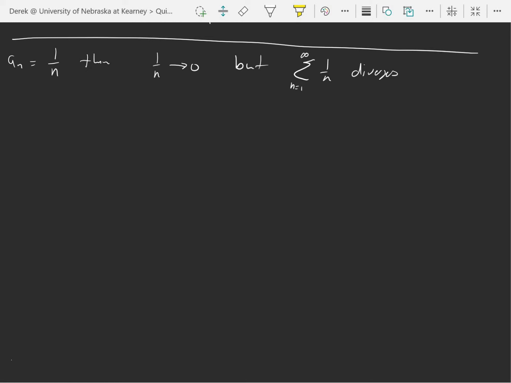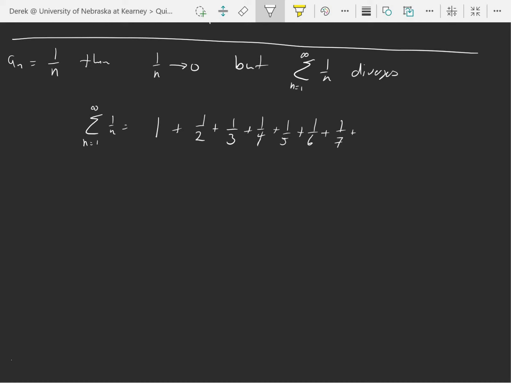So the sum from n equals 1 to infinity of 1 over n is equal to 1 plus 1/2 plus 1/3 plus 1/4 plus 1/5 and so on. I'm going to write out a lot of these terms.